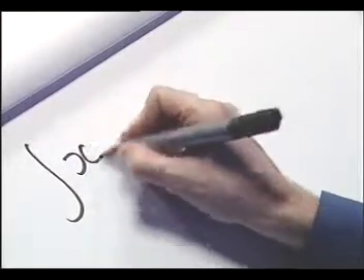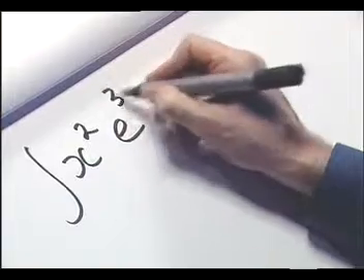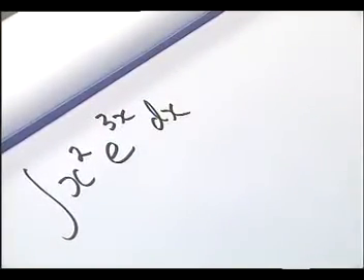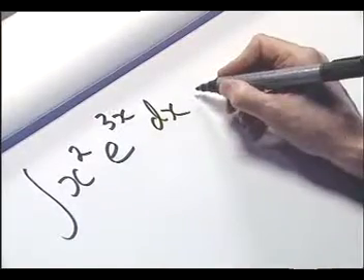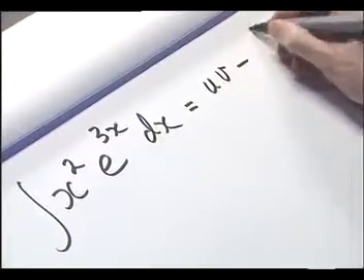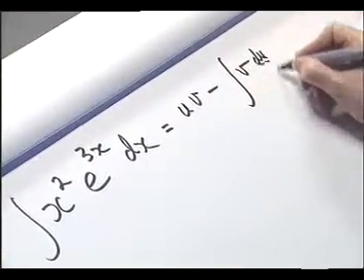Okay, let's take a second example. Let's say we want to integrate x squared times by e to the 3x with respect to x. It's a product of two functions, so we know that we're going to want to use our integration by parts formula.